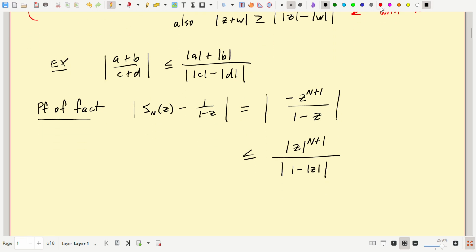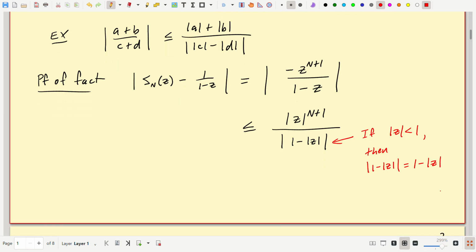And a key here is that if the modulus of z is less than 1, then that absolute value is equal to 1 minus the modulus of z, because 1 minus the modulus of z would be positive.